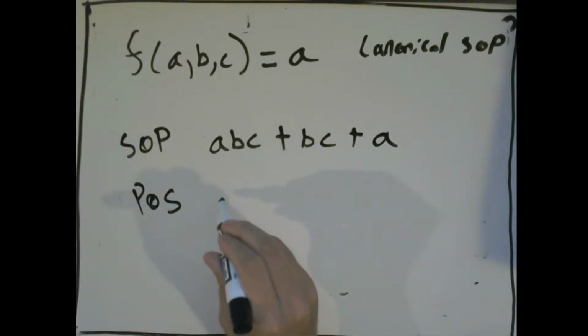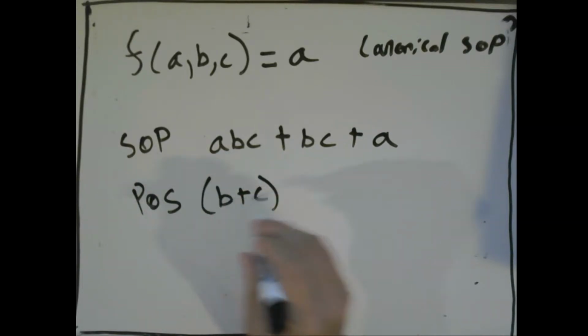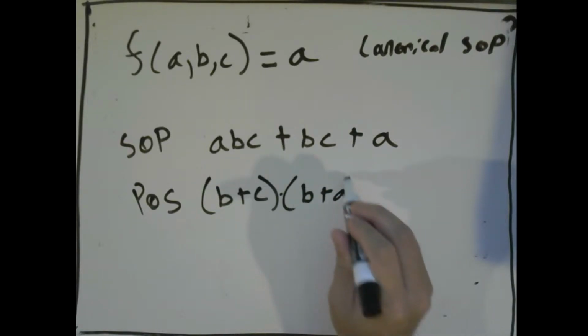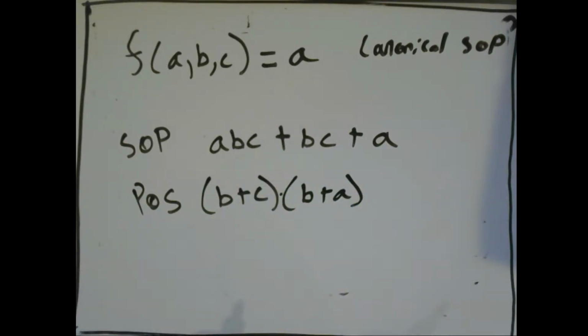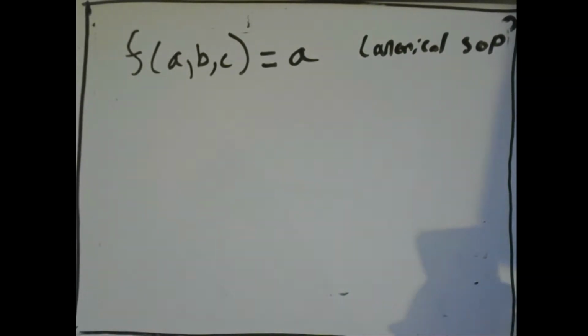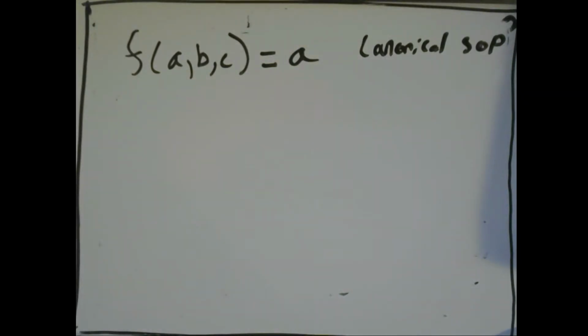We're going to have terms that have an OR on the inside, and then they're separated by ANDs. So we want to create a canonical sum of products, and that means we want to expand this equation as much as possible. For every term of the equation, I want to see A, B, and C.